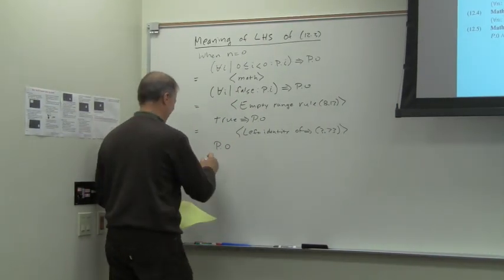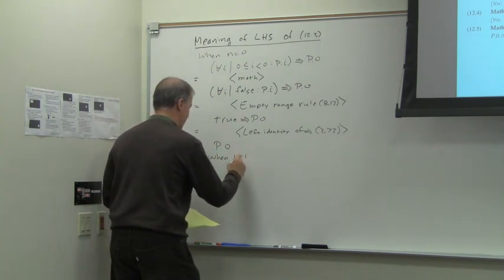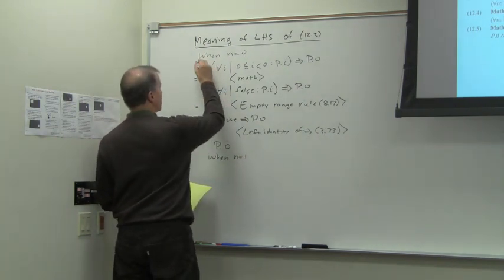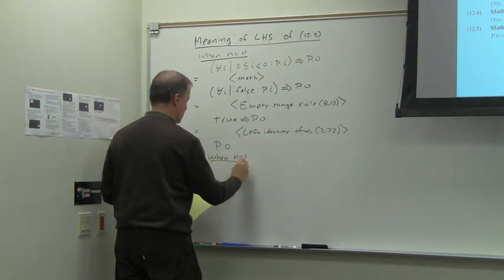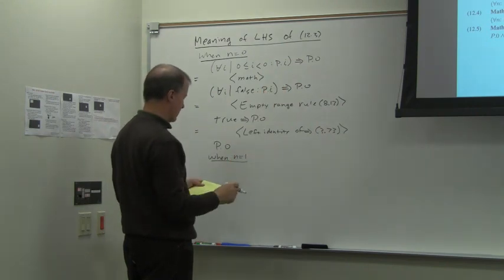Okay. Now let's do it when n equals 1. So this is when n equals 0. Now let's do it when n equals 1. So now when n equals 1, what is the left-hand side of this 12.3?